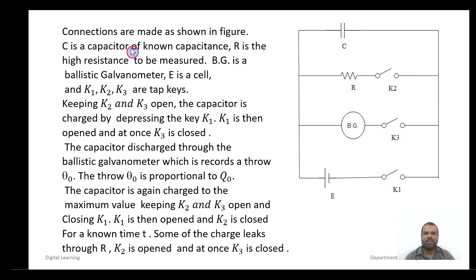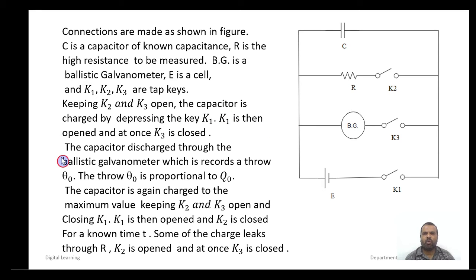C is a capacitor of known capacitance. R is the high resistance to be measured. BG is a ballistic galvanometer, E is a cell, and K1, K2, K3 are tap keys. Keeping K2 and K3 open, the capacitor is charged by depressing the key K1.